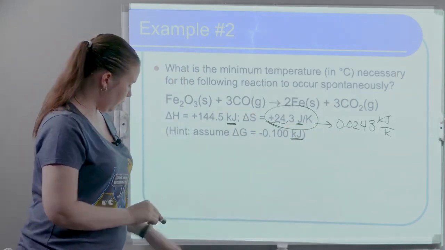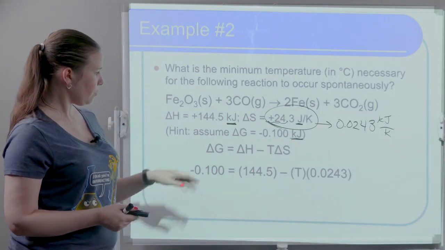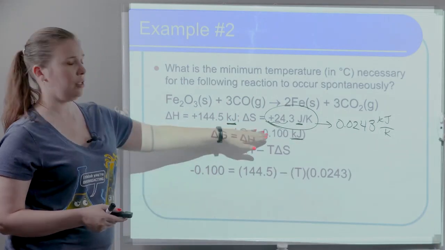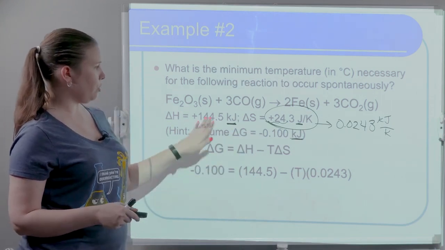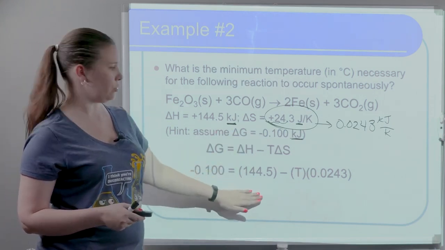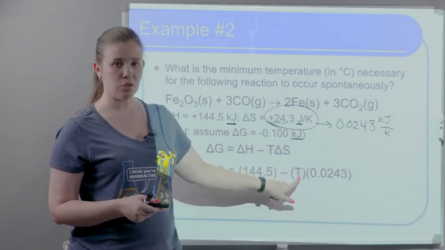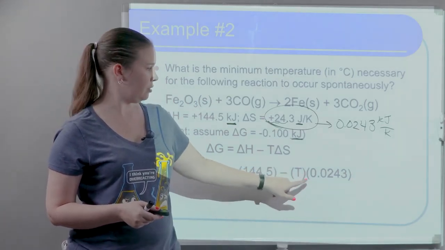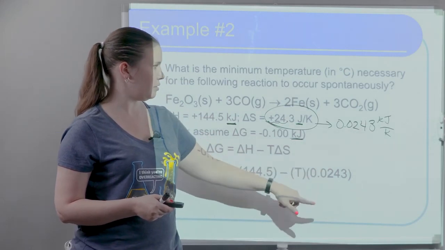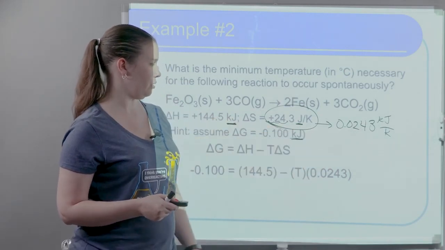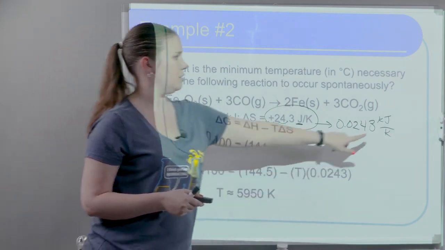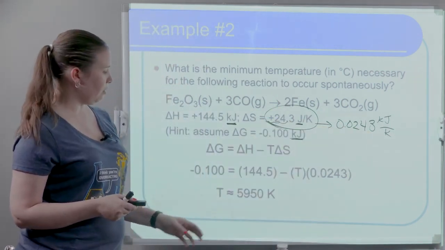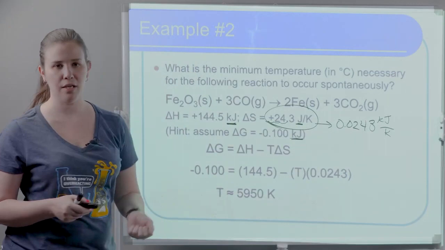So first let's go ahead and plug into the formula. Delta G, using that slightly negative number, my delta H, which we don't have to do anything to, that's already in kilojoules, minus T, which is automatically going to be in Kelvin, times the delta S, which we've converted to kilojoules here. So when we solve, automatically getting it in Kelvin, since our Kelvin didn't cancel, we get 5,950 Kelvin.